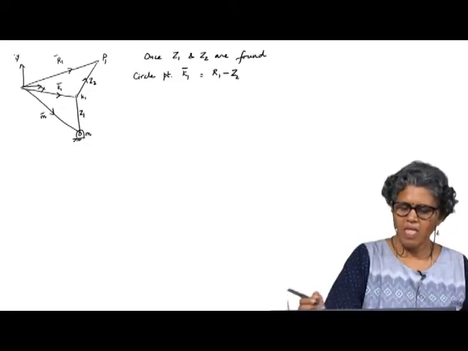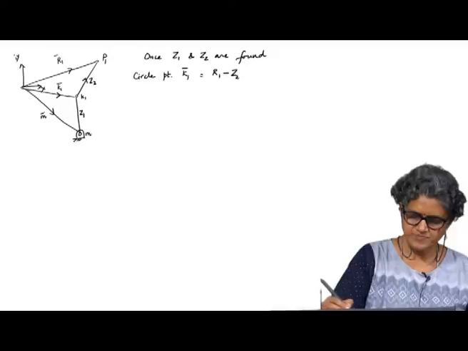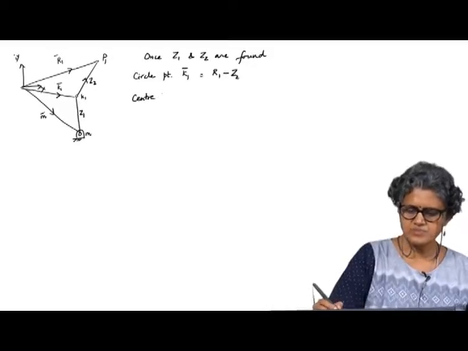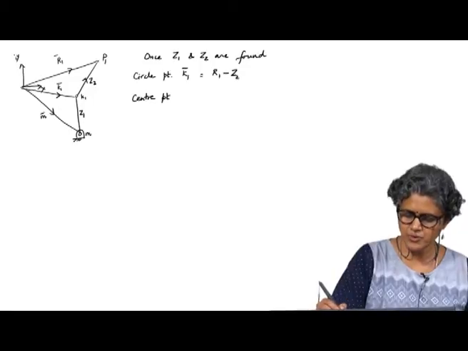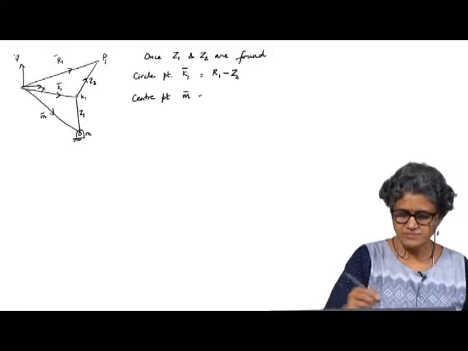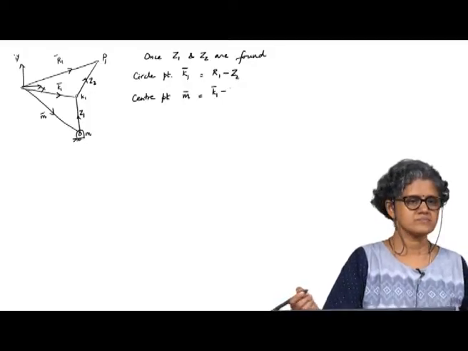R1 minus Z2 is K1, and then my center point, moving pivot, or my center point or fixed pivot, M is K1 minus Z1.